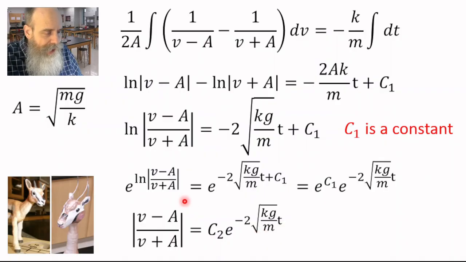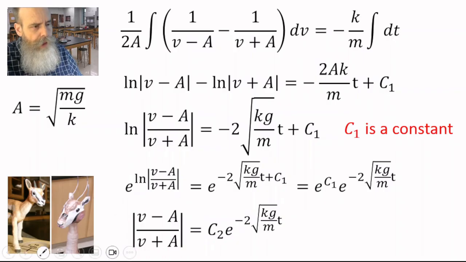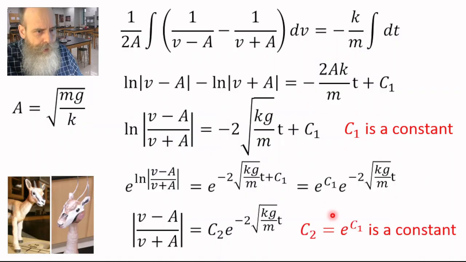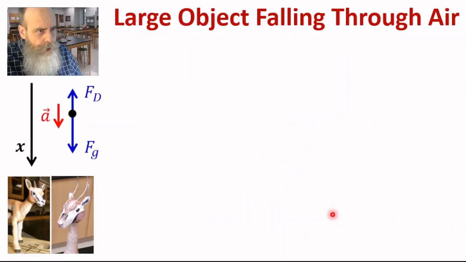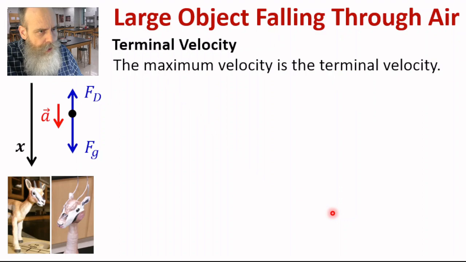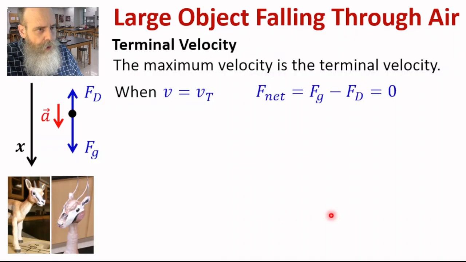Now we have to take care of this absolute value function. To do that, we need to consider the terminal velocity. When we have a large object falling through the air, the terminal velocity is the maximum velocity. So when v equals vt, the net force is going to be 0.